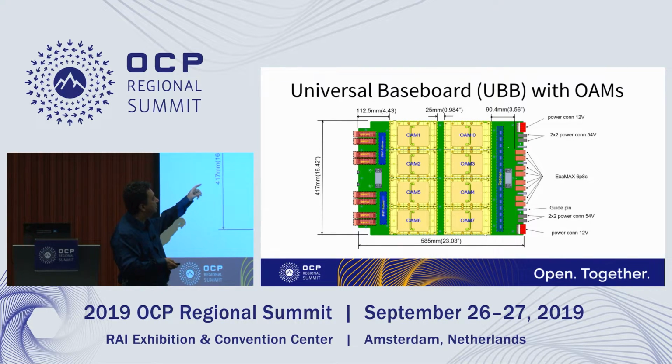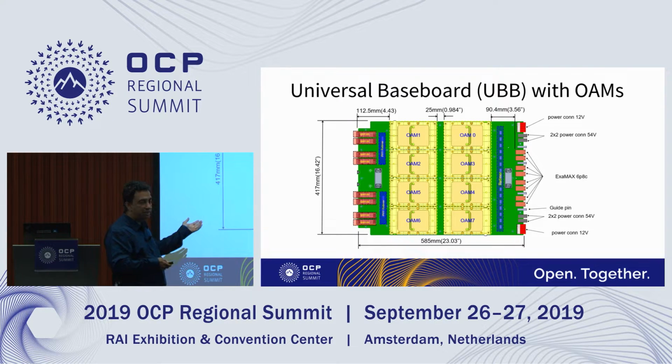So that's one of the reasons that one of the dimensions of the OAM is 102 millimeters. 165 millimeters was really to give it enough space, similar to what a PCIe module had. So put them all together. That is the tiling of the OAMs on a UBB.